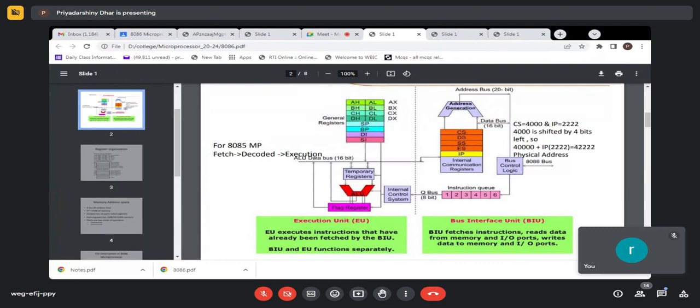Now for the 8085 microprocessor, we have 8 bit general purpose registers, that is B, C, D, E, H, L, because 8085 is an 8 bit microprocessor. When B is paired with C, we say this is the BC register pair.